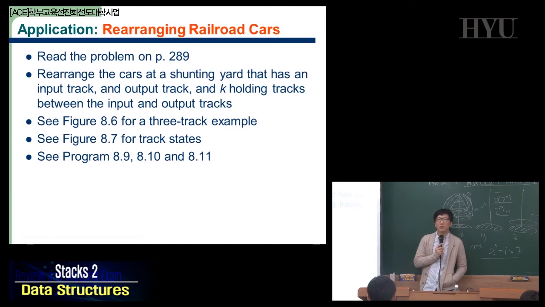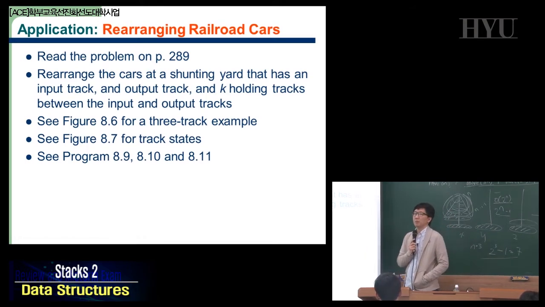So I have something in the middle. I have to rearrange, for example, sort the train numbers the correct way. So where can I use a stack to represent this problem?